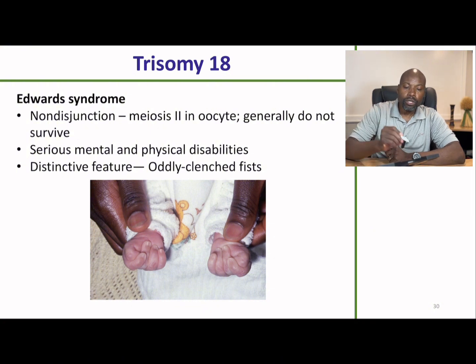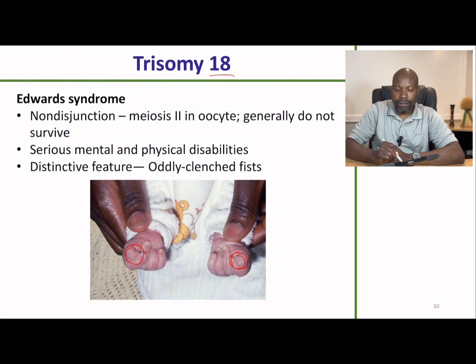All right. So here we have the case of a baby that was born with trisomy 18, and notice the way, for instance, this baby is closing their hands, right, with the fingers on top of the thumb, while the thumb should be on top of this finger here.